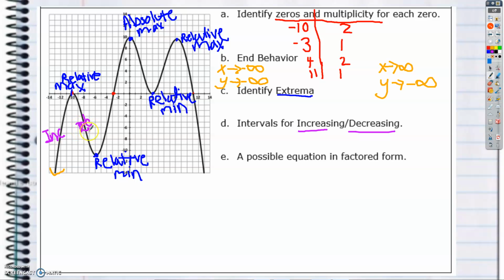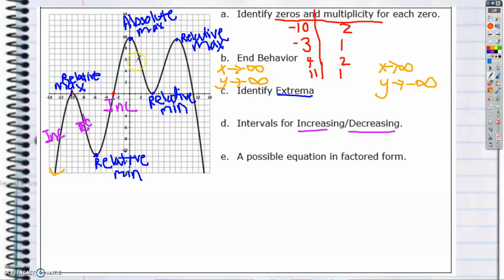Sorry, I just wrote over each other. And then when I get here, this is a relative min. After I get to the relative min, remember it changes directions. So now I'm increasing because my pen is going up. Once I get to the absolute max, it's going to change directions again.